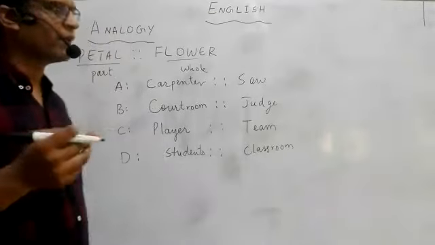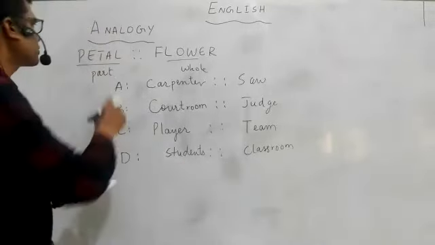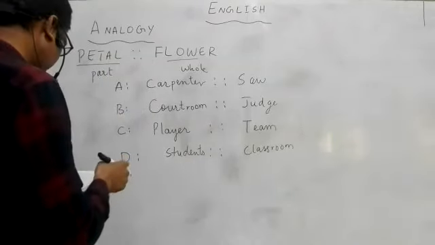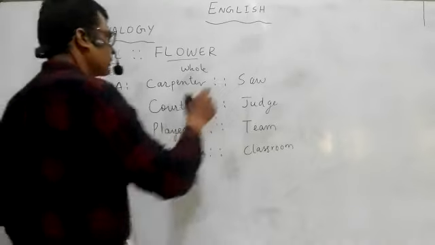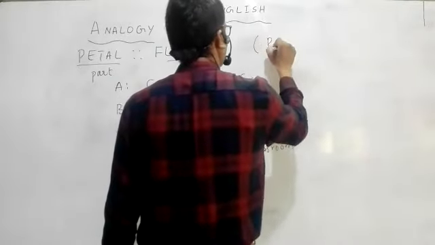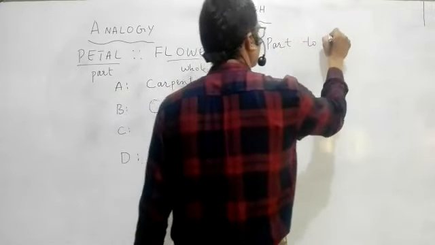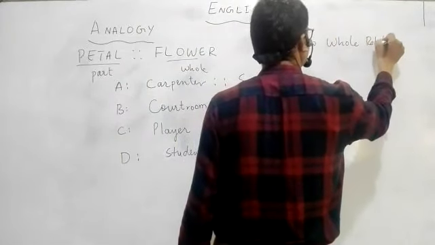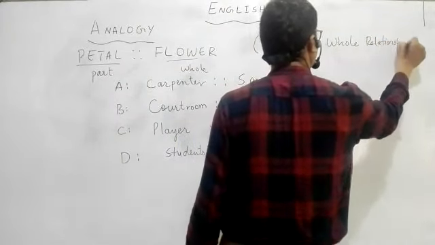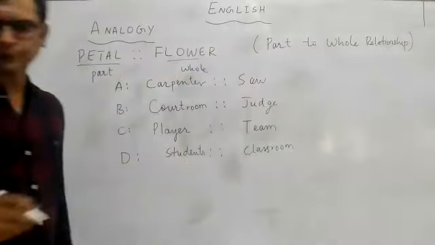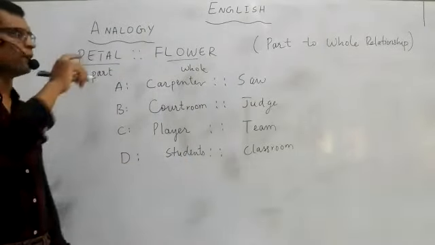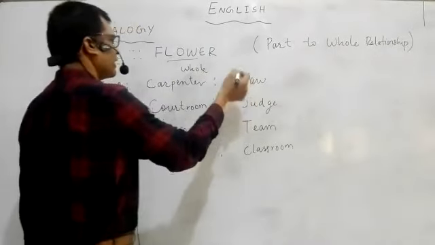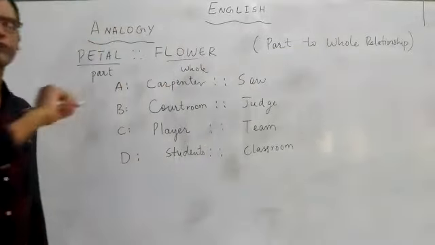Now, we'll have to see what kind of relationship is given to us in this petal and flower. And like I said, it is a part to whole relationship. Now we have to think in terms of part to whole relationship. Can we say that a saw is a part of a carpenter?